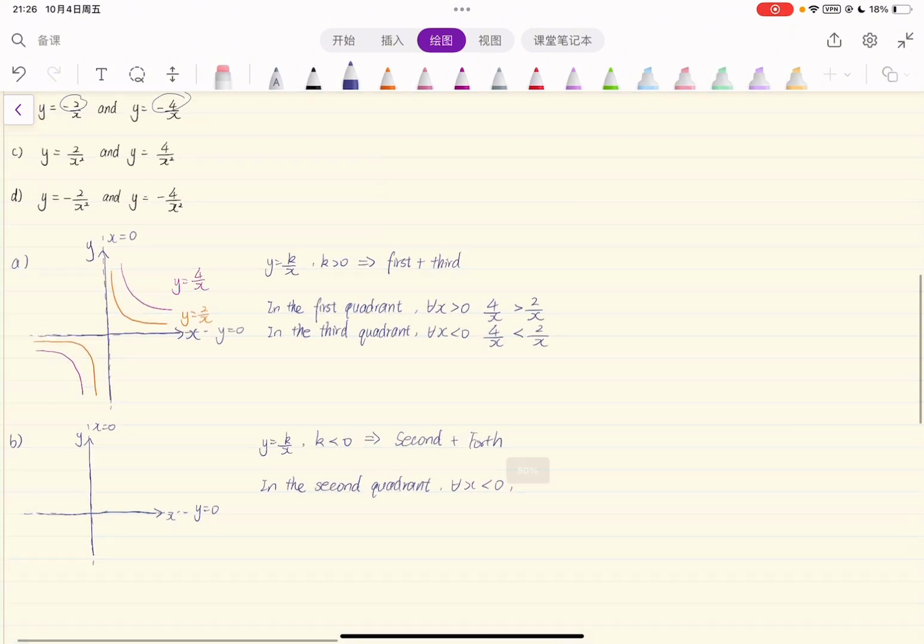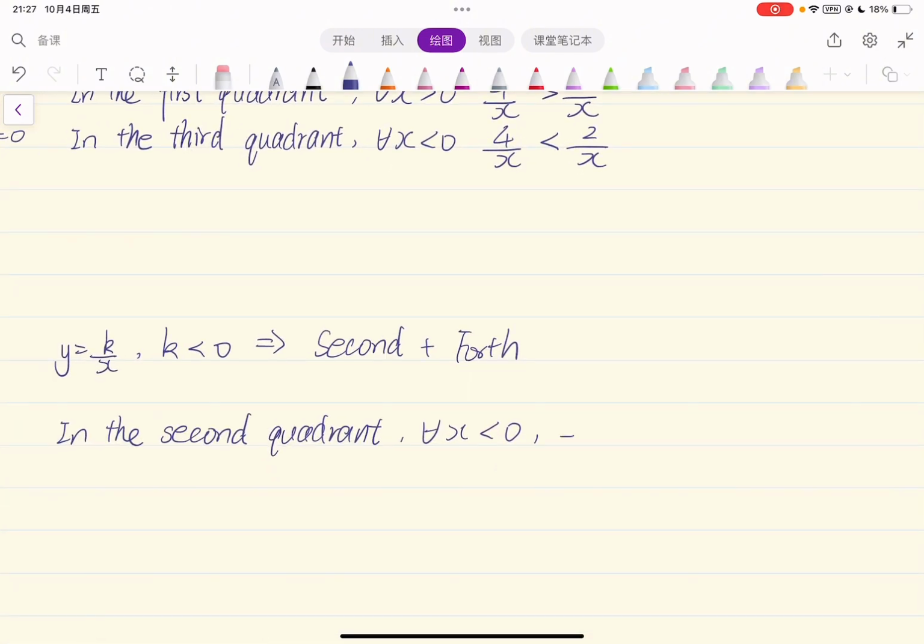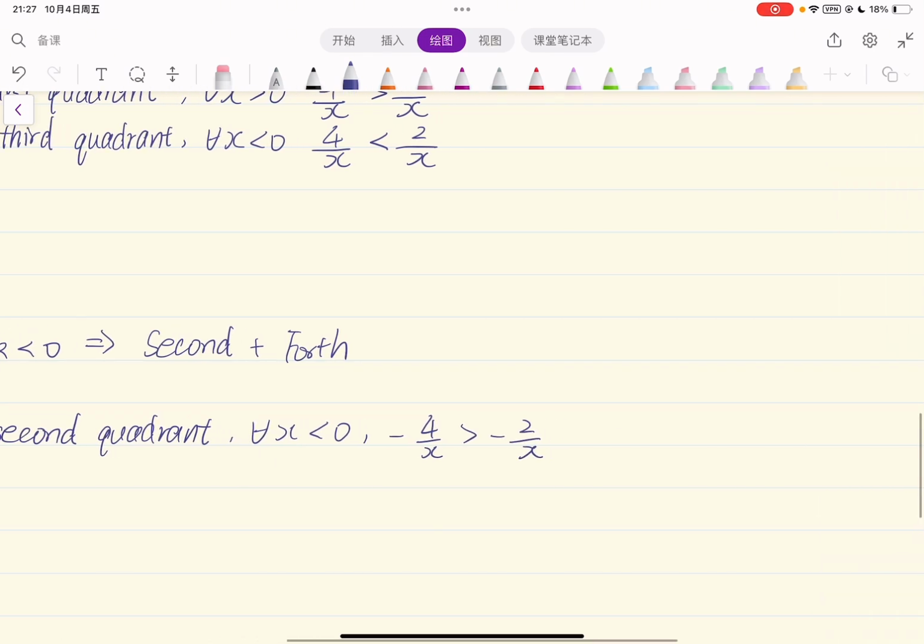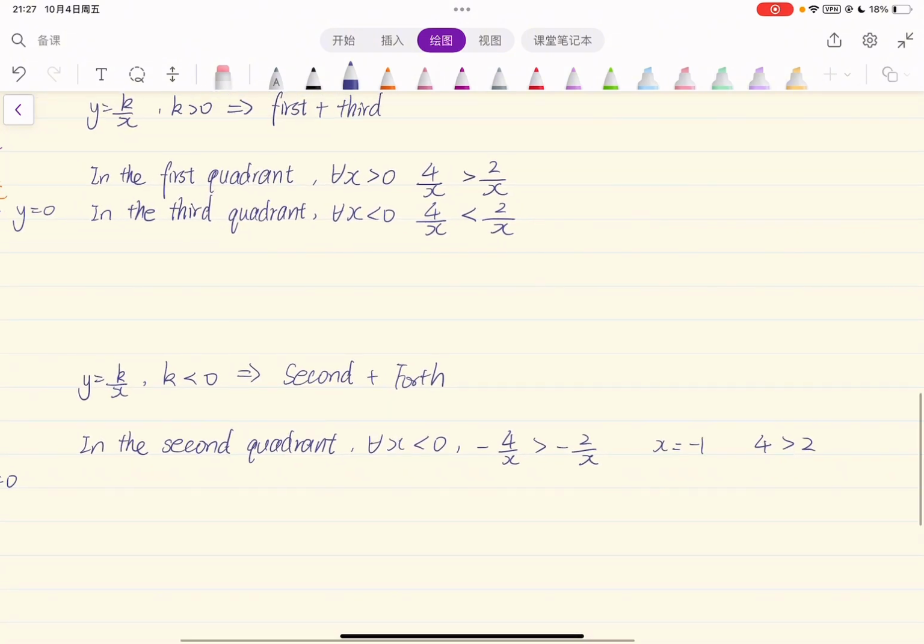So for the same value, we can see that minus 4 over x is greater than minus 2 over x. For example, if x equals minus 1, that is 4 greater than 2. Which means the curve minus 4 over x is above that of minus 2 over x.